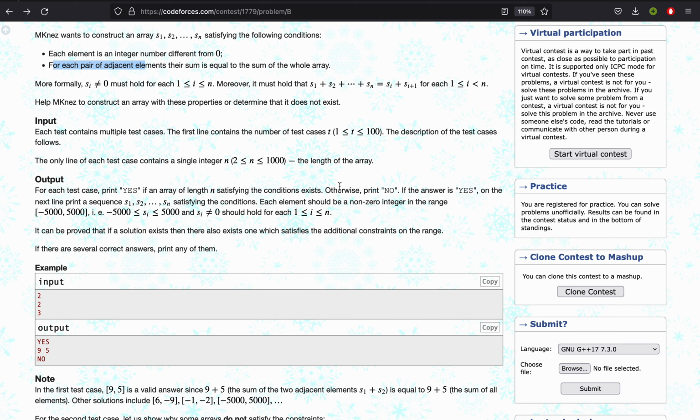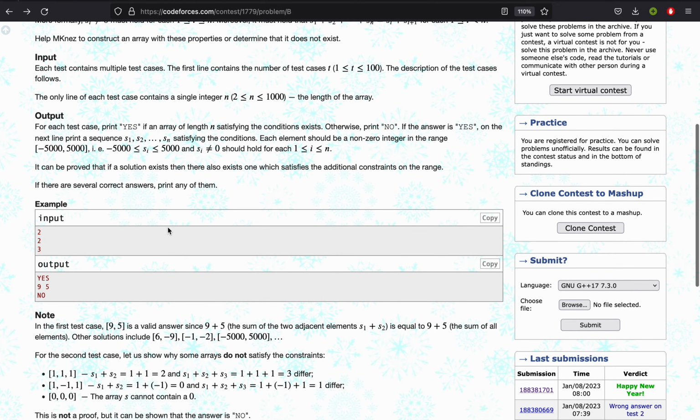If no answer exists, we print no. The value of si is from negative 5000 to positive 5000, and si is not equal to 0. Several answers may be possible, so we can print any of them.